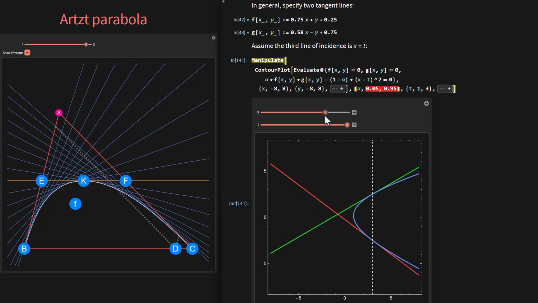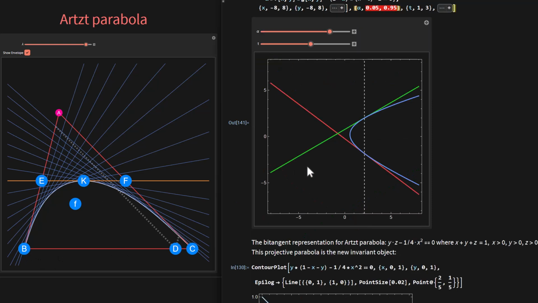Okay, and at some point we do have a parabola. So we can change the position of t. It's like changing the tangent point of this parabola. So it can miss B and C, but we can also give it a proper t, so that the tangent point is exactly at B and C.